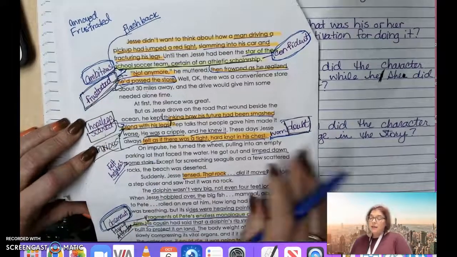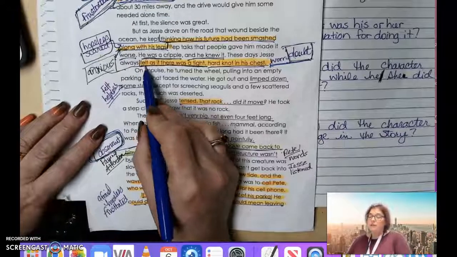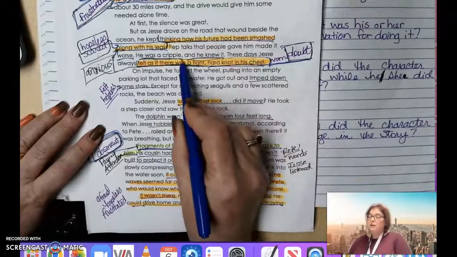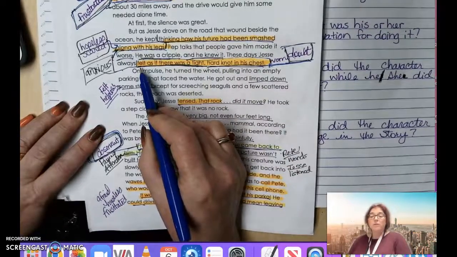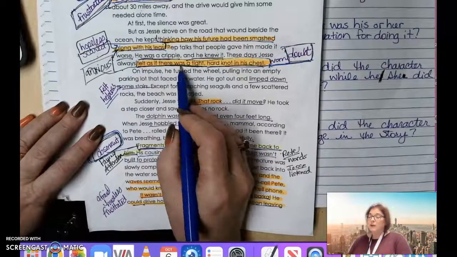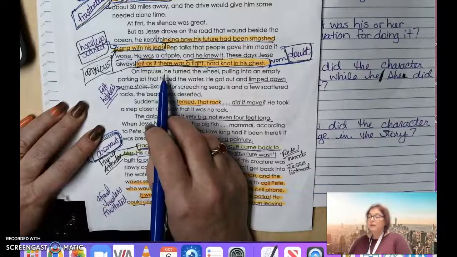Okay. Let's look down here also. Here is some evidence that says, what does this say? Felt. These days, Jesse always felt as if there was a tight, hard knot in his chest. Okay.